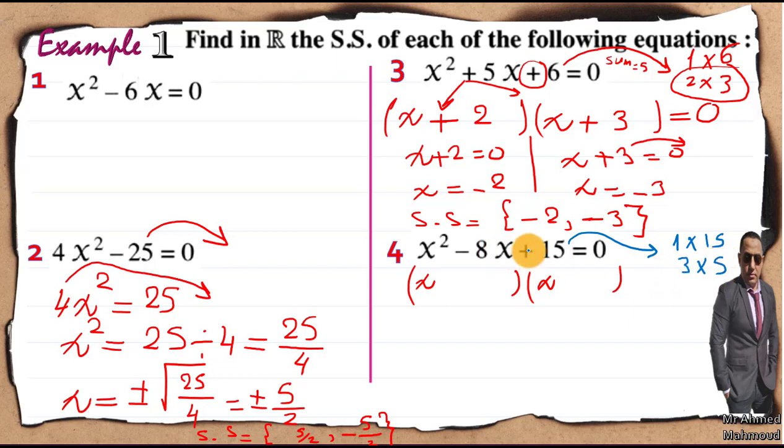I need two numbers whose sum is 8, so I'm going to choose 3 and 5.